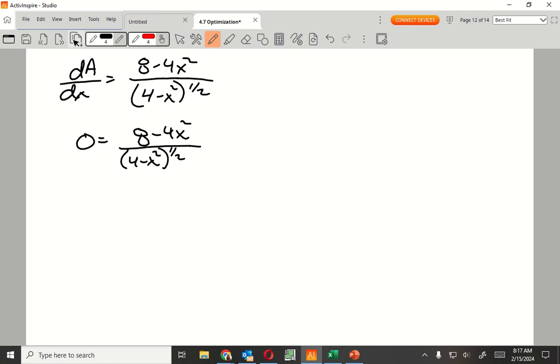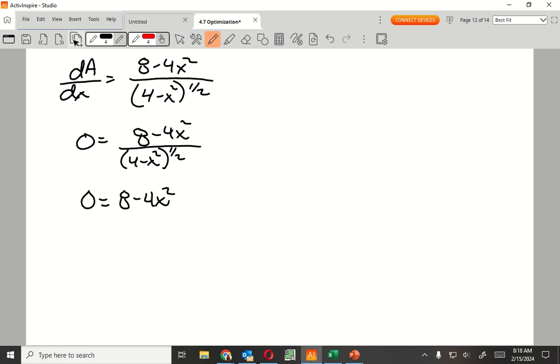Yeah, multiply by the denominator, but when you multiply anything times 0, you get 0. So that means that I can clear out that whole bottom and not even have to worry about it, because anything times 0 is 0, so that's going to leave me the top. The top is 0 equals 8 minus 4x squared.